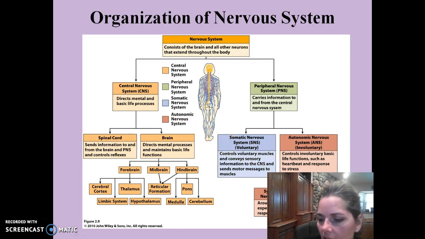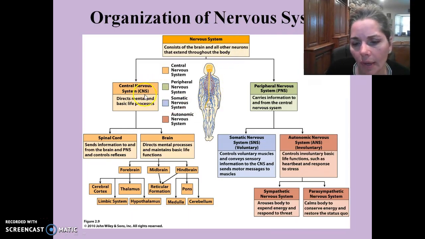Our nervous system, here's a nice breakdown of the nervous system. Your nervous system breaks down into different categorizations. First of all, our overall nervous system is the entire structure. The central nervous system only contains your brain and your spinal cord, and then the brain further breaks down in a number of different ways, and we'll talk about a number of them throughout the rest of the slides.